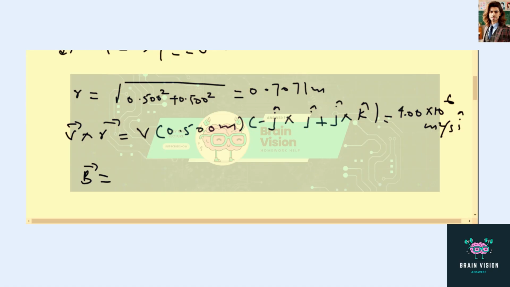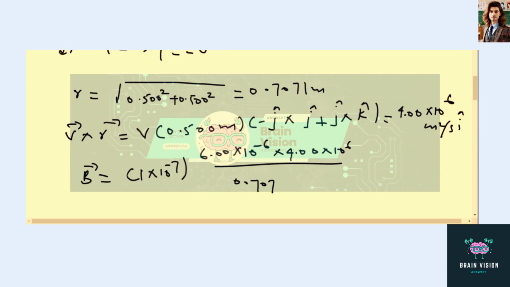The magnetic field vector is equal to 1 times 10 to the power minus 7 times 6.00 times 10 to the power minus 6 multiplied by 4.00 times 10 to the power 6 divided by 0.7071 whole square. So magnetic field vector B is equal to plus 6.79 times 10 to the power 6 Tesla in the i cap direction.